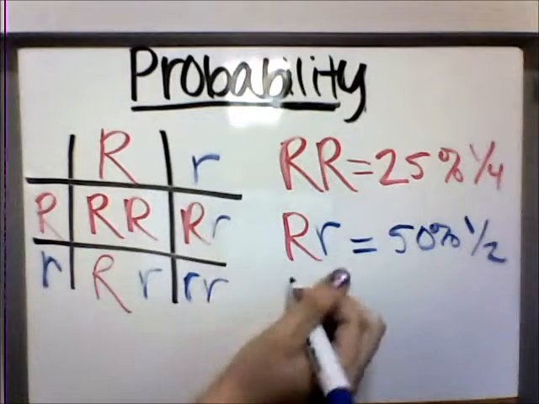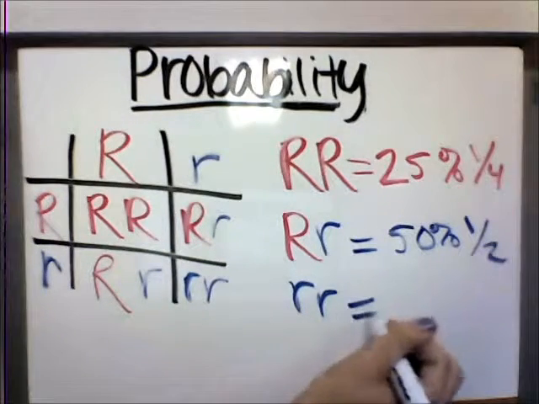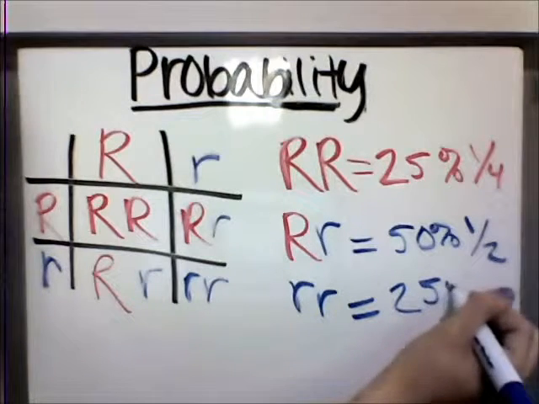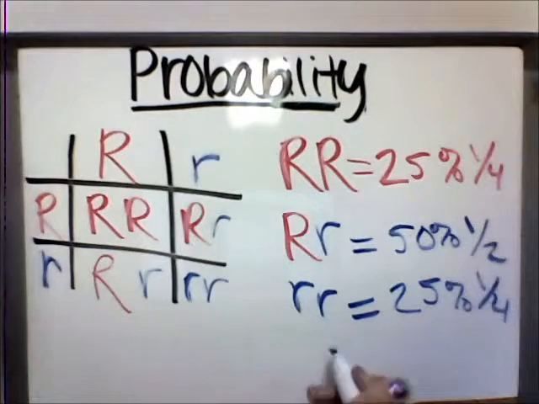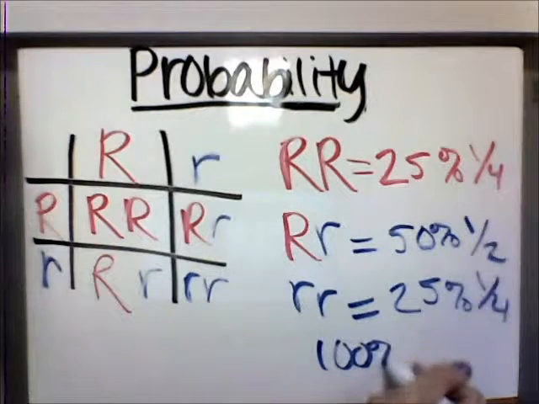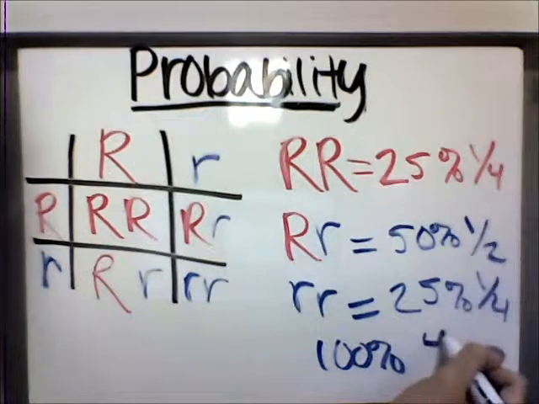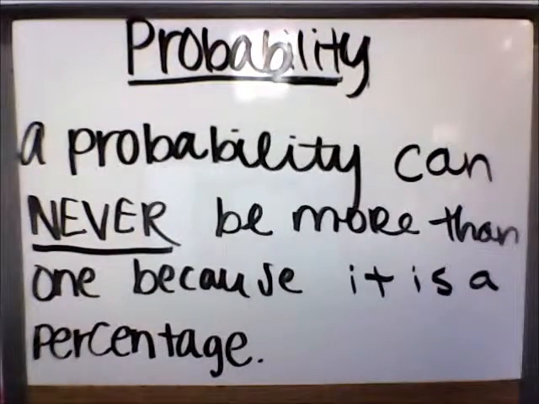And if you had a white flower, it would be 25%, or 1/4. When you add them all together, it equals 100%, or 4 out of 4, which is 1. In conclusion, a probability can never be more than 1 because it is a percentage.